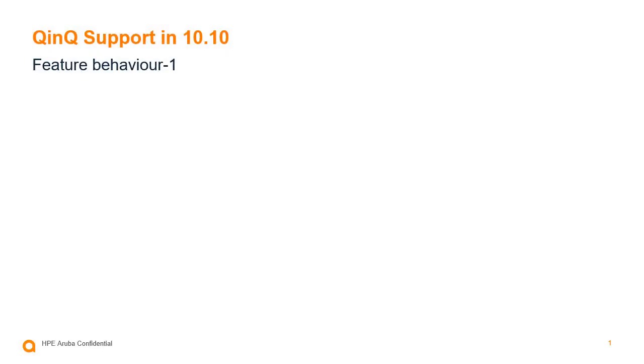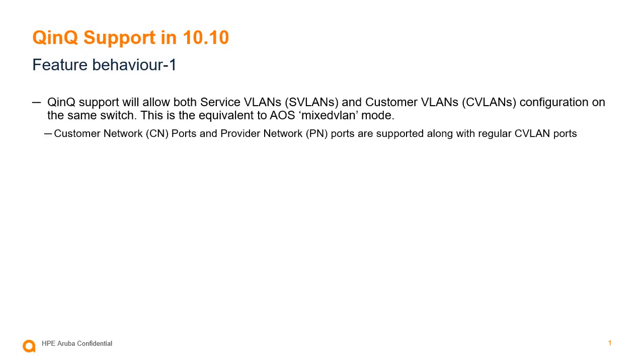And now we go through the detail section. A quick summary of the feature behavior before we get into the topology detail. QinQ support will allow both service VLANs and customer VLAN configurations on the same switch. This is the equivalent to AOS mixed VLAN mode.